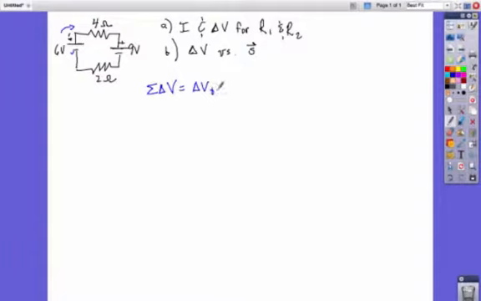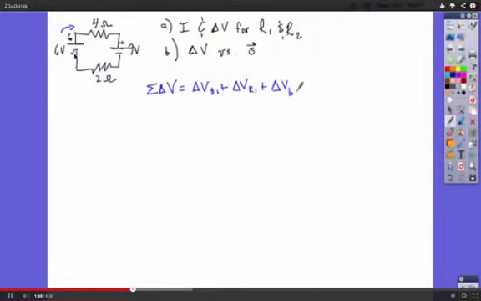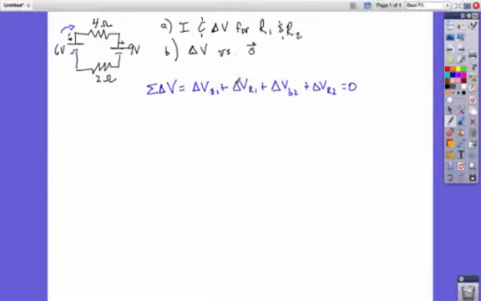The net change in voltage around this whole loop has to be zero. This is one of Kirchhoff's laws, known as the loop law. As we travel from here around the loop back to here again, our change in voltage has to be zero. So in this equation I've just laid out the different elements of the circuit.